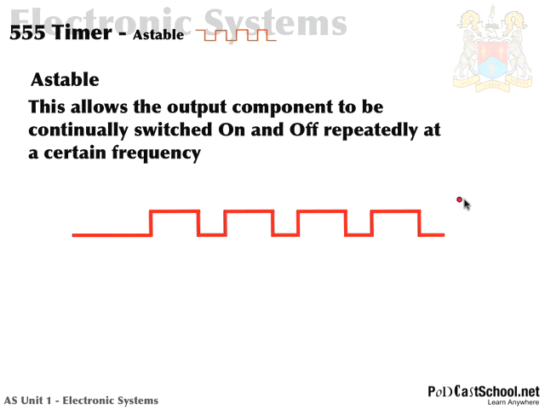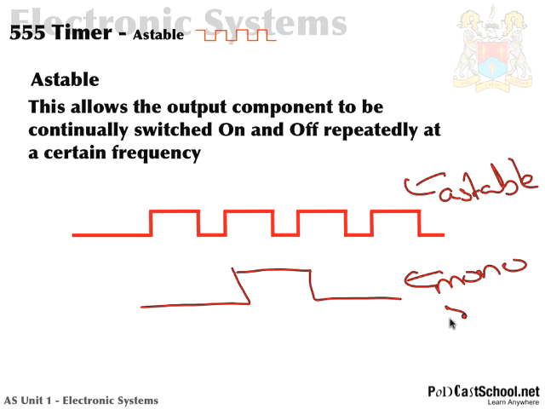Let's just label this: this is astable. Last time, in the last podcast, we saw monostable. So that was last time, and this time we're talking about astable. When we talk about monostable, we mean it has one stable state, and astable means there are no stable states.